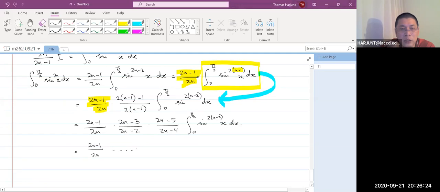Eventually you get, for example, 5 over 6, 3 over 4, 1 over 2, is it right? Okay, but the last one will be the integral from 0 to pi over 2 of sine squared x dx.